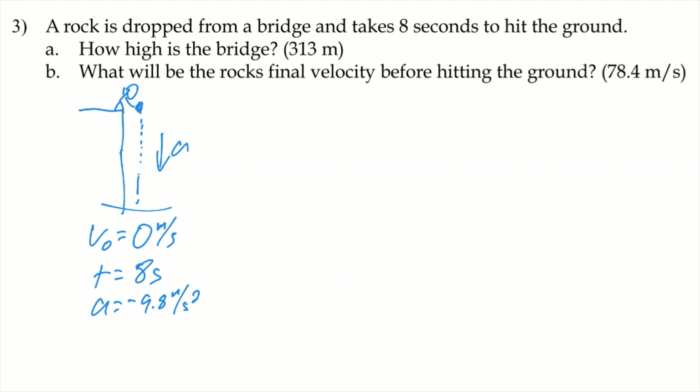Let's go ahead and solve for the fourth. So we'll use this equation, delta d equals VOT plus 1/2 AT squared. So our displacement's what we're looking for. V initial we dropped, so it's 0, plus 1/2, negative 9.8.